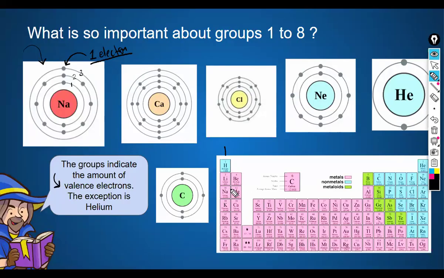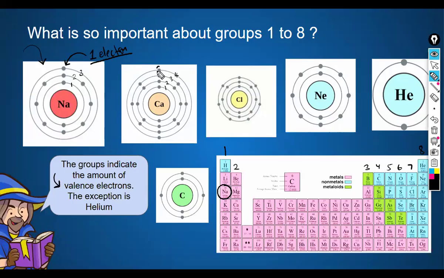You notice where sodium is on the periodic table? It is in what? Group 1. And that's no coincidence, right? Let me just show you another example. Calcium. If we were to draw calcium, I'm not going to make you draw calcium, but if you were to draw calcium by doing your little calculations, calcium would have 1, 2, 3, 4 shells.